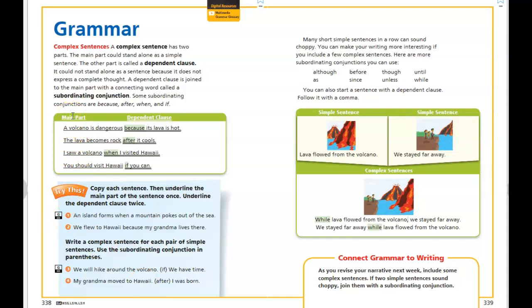In our first example, the sentence says, "A volcano is dangerous." That's the main part of the sentence. Now that has everything that a sentence needs, right, guys? So that could be its own sentence by itself. We could just say, "A volcano is dangerous." That is a complete thought, and so it would be a sentence.